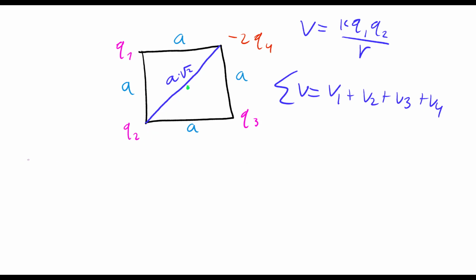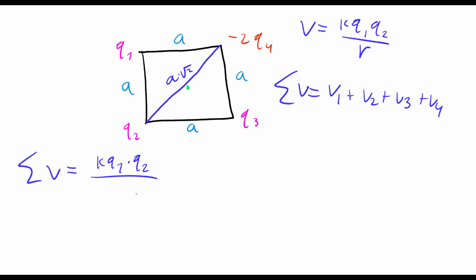It means this, that the repeated addition of the voltages is equal to what? It's going to be k q1 times q2 over the distance that separates them.